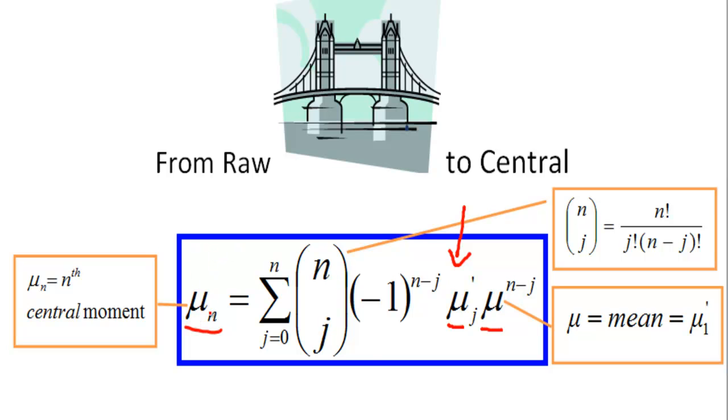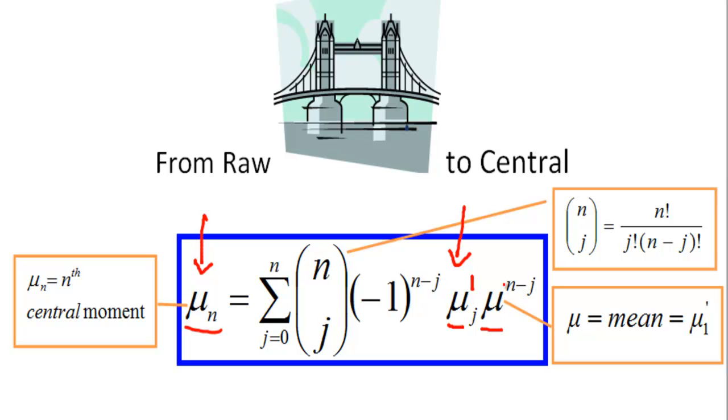Now, this formula may look complex at first, but there is nothing complex in it. All you need to remember is that on the left side you've got a central moment, and on the right side you've got two raw moments. You can recognize a raw moment because there is a prime sign here. The only exception to this is the mu, the mean.